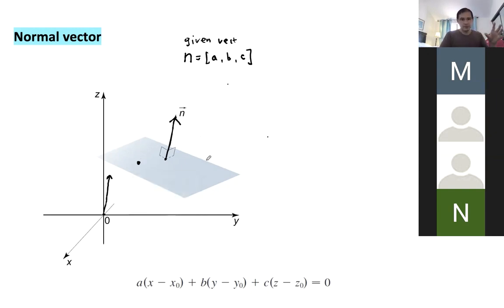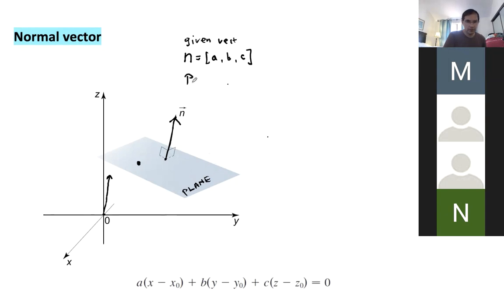So now we want to describe the equation of this plane. This is the plane of interest, and we want to derive the equation of this plane. So this is going to be the plane that goes through a given point x0, y0, z0.